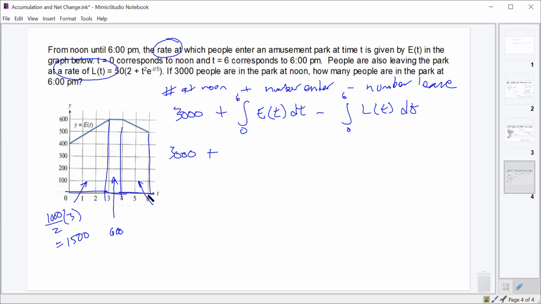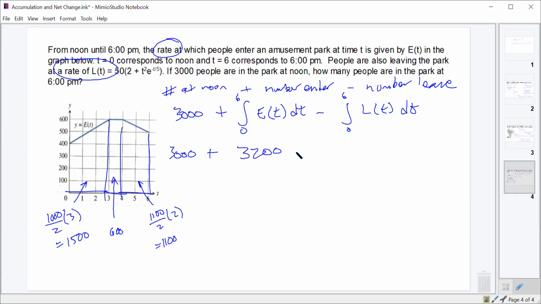And then this one, 600 and 500 over 2 times 2. So what's our integral from 0 to 6 of E of t dt? Should be 3,200, right?